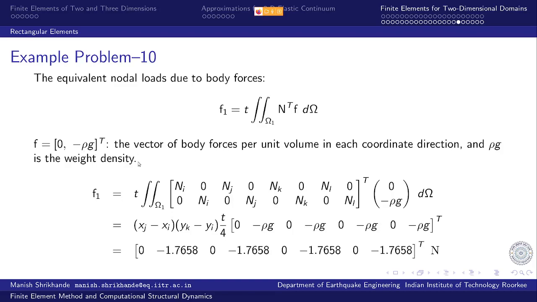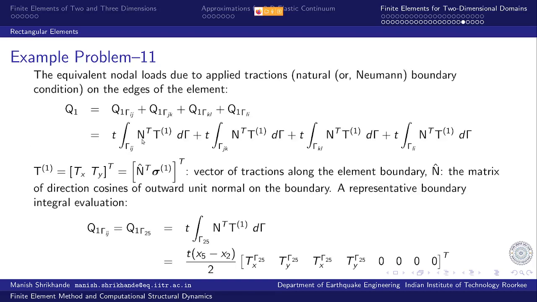So this is the force vector, the boundary equivalent loads applied due to applied traction. In this case, there is no traction whatsoever. So edge by edge we can go Ij, Jk, Kl, and Li, right? So Ij is nodes 2, 5, and that is what we have here.